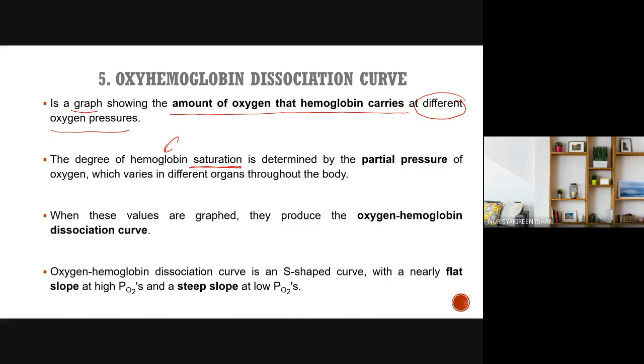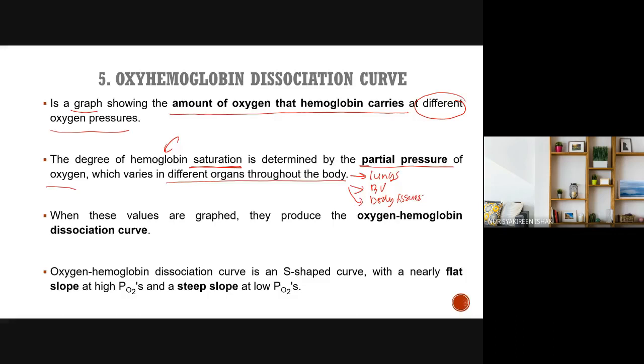Okay, so the degree of hemoglobin saturation is determined by the partial pressure of oxygen, which varies in different organs throughout the body. Okay, yang major kita nak tengok dekat lungs, dekat blood vessels, dekat body tissues.